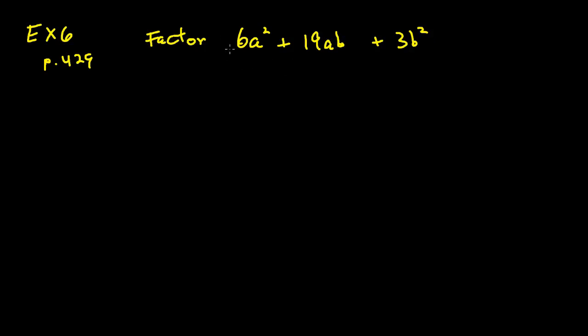The first product looks like it's going to be 6a squared. The last product will want to be 3b squared. All right, so in the first slots, I'm going to need multiples of a. In the last slots, I'm going to need multiples of b. And that's okay because the outer and inner products will be multiples of a and b. All right, this sign is positive. Again, the signs in between must be either plus plus or minus minus, right?